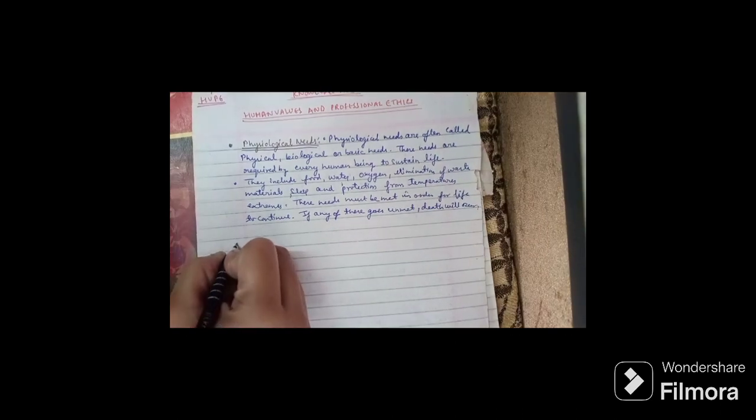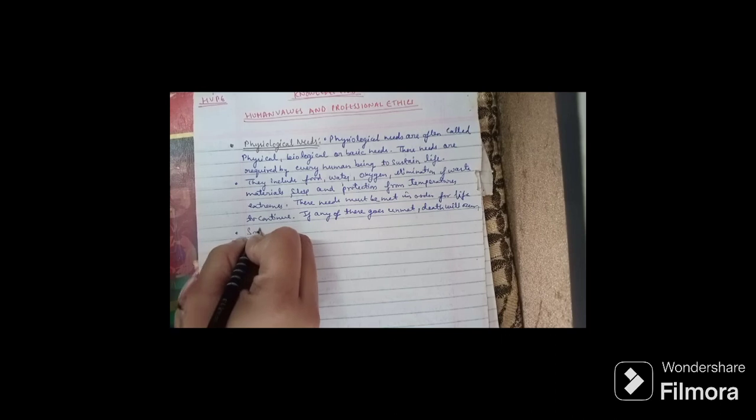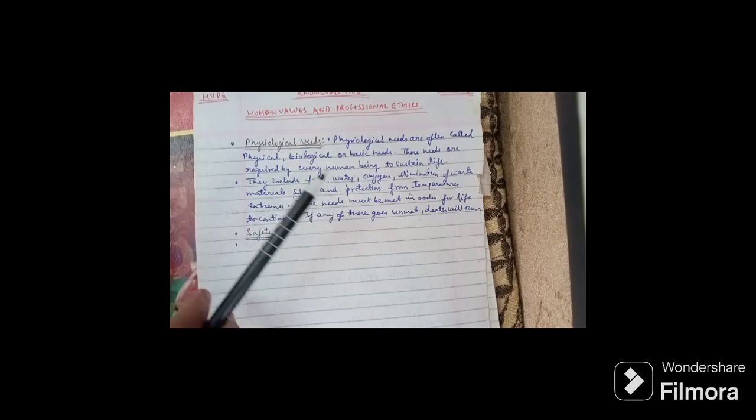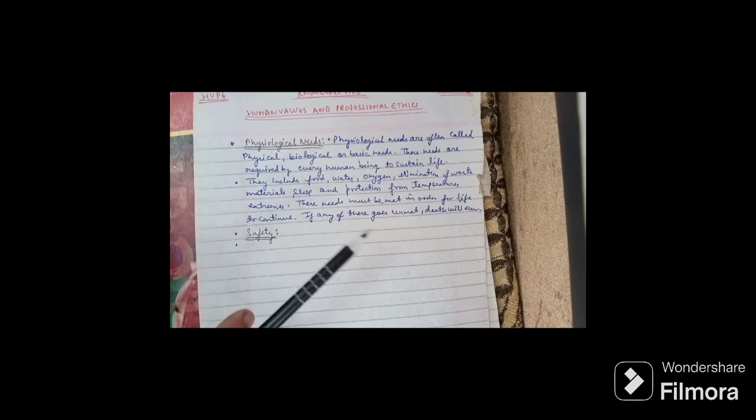Now we discuss the second need, which is safety. Safety becomes an important issue when physiological needs have been met. Safety needs include the need to be free from anxiety and fear, and the need to feel secure in the environment. The need for order and routine is another example of an individual effort to remain safe and secure.